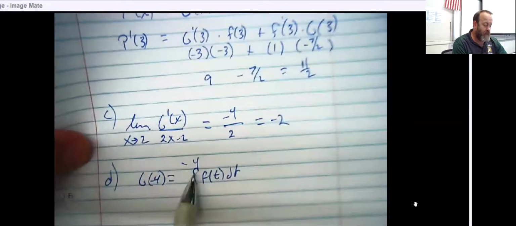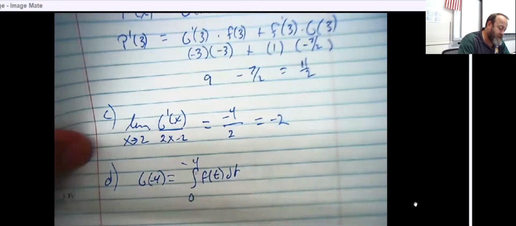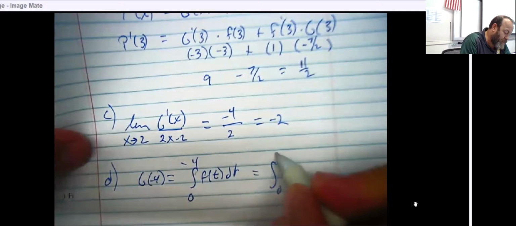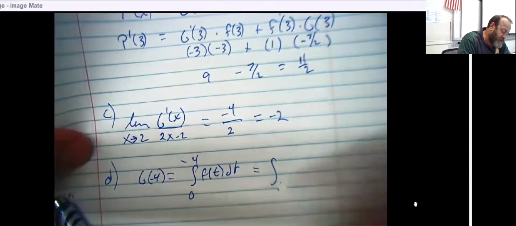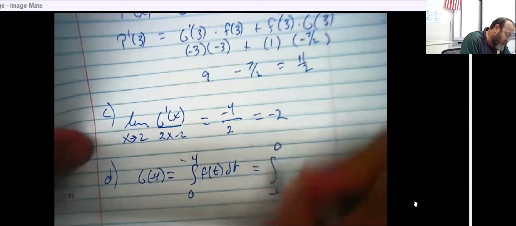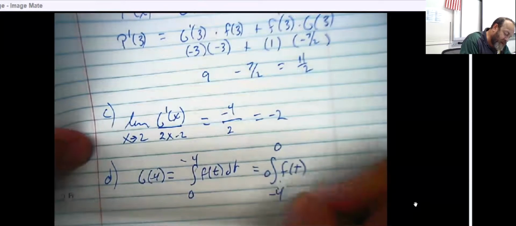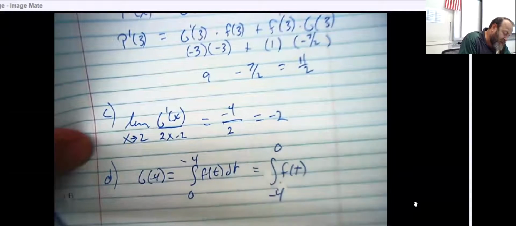That was negative. So we obviously did something a little bit silly, because that means we're going to want to reverse those bounds and go from negative 4 to 0. And we're going to go ahead and put that minus in front.